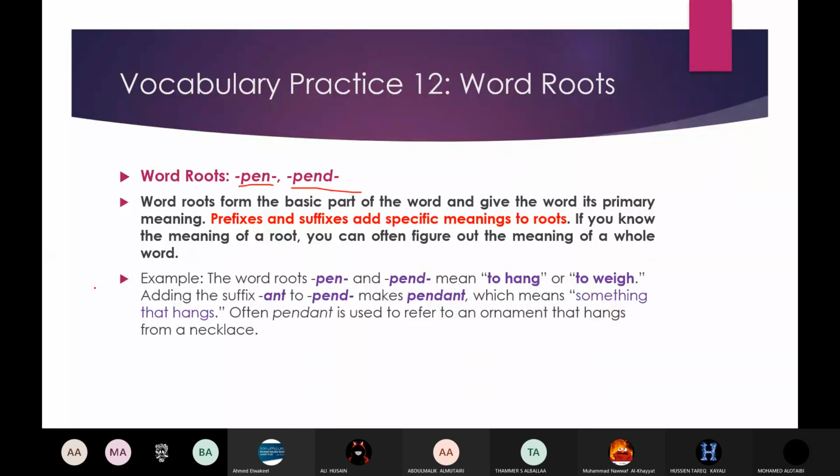For our examples today, we will deal with the word roots pend and bend. Both of them mean to hang or even to weigh. Adding the suffix ant to pend, so pendant, which means something that hangs. And often pendant is used to refer to an ornament that hangs from a necklace.